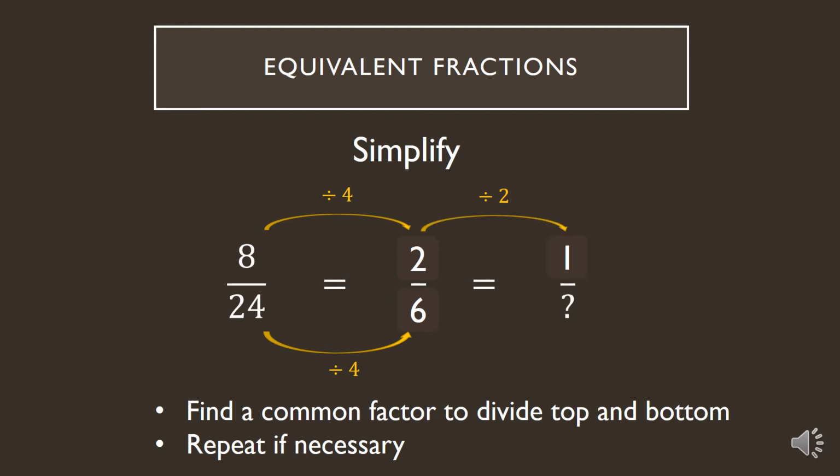Divide by 2: top gives 1, and 2 underneath, 6 divided by 2 gives 3. Okay, and at this stage there's no more common factors, so we stop. So 8/24 is equivalent to 2/6 and also to 1/3, and 1/3 is the simplified version.